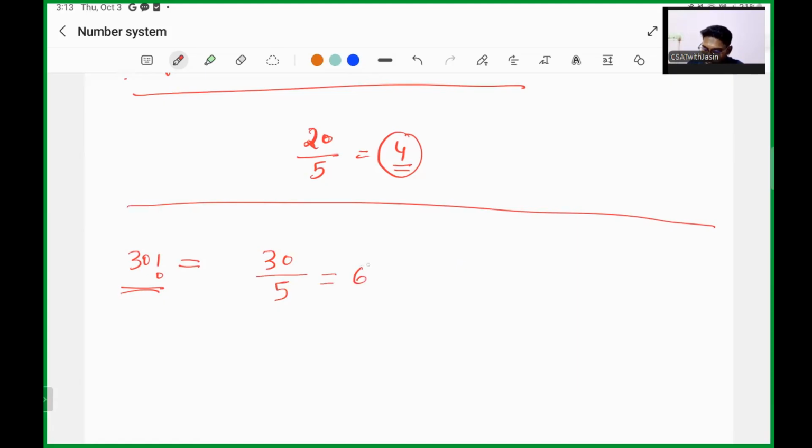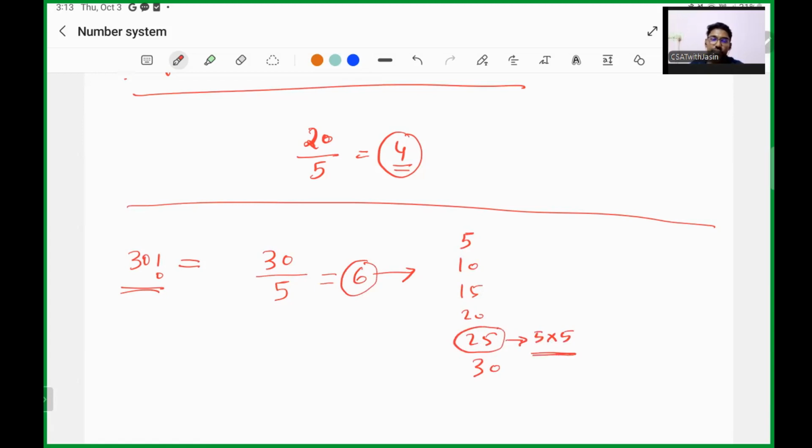Why? Because which are these 6 multiples? Like 5, 10, 15, 20, 25, 30. These are the 6 multiples of 5 which come inside 30 factorial. But when it comes to 25, 25 means 5 into 5, so there are 2 5s inside 25.